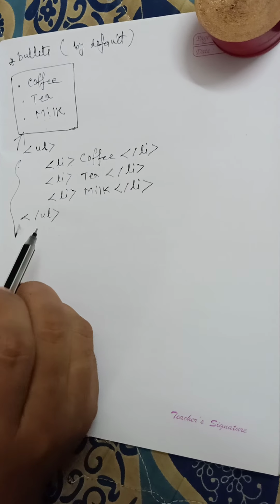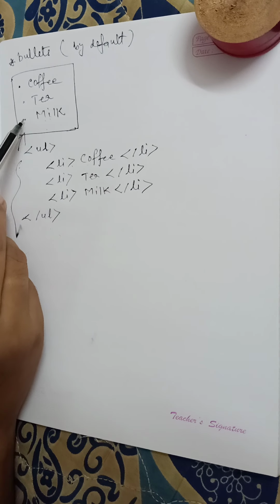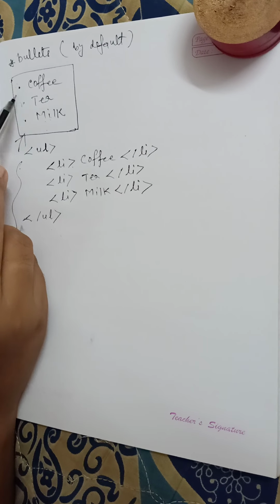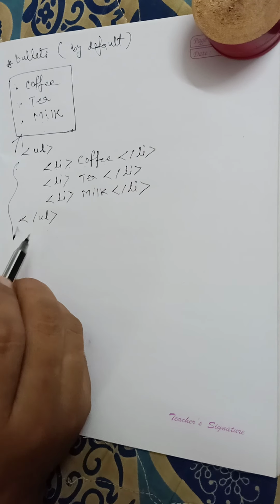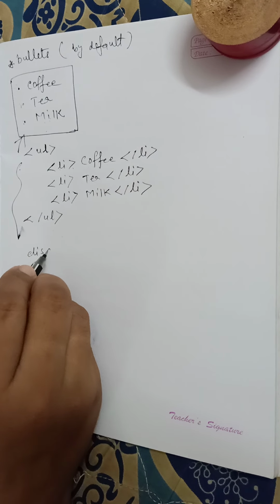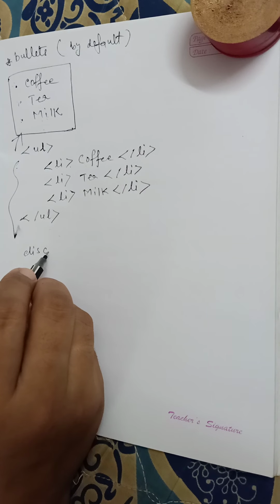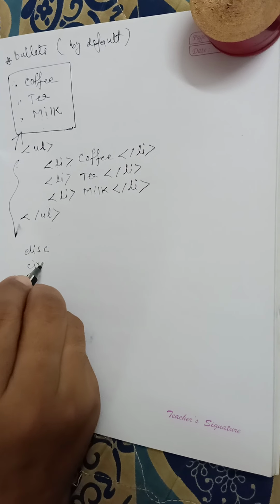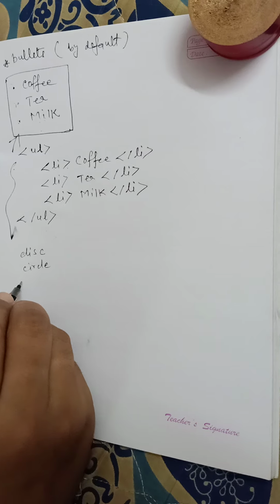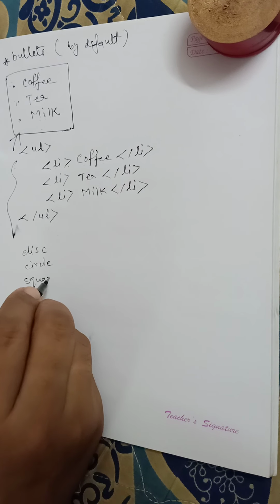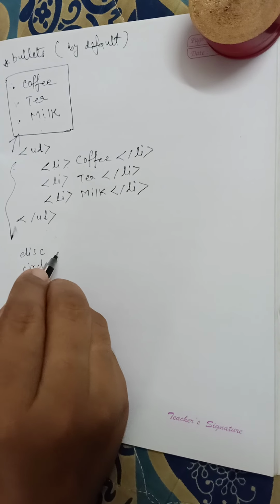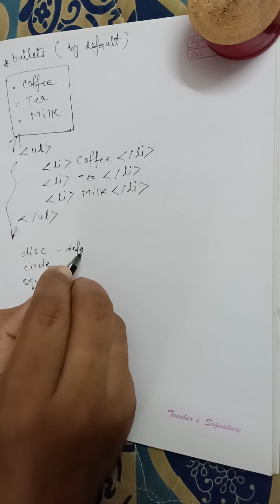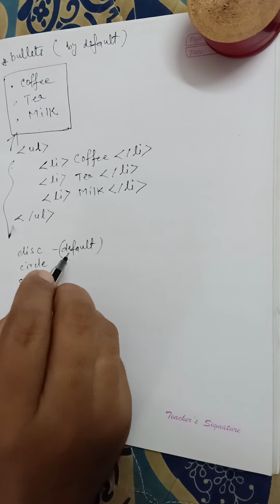So by default we get this bullet. Okay, but other types are, one is your disk, circle, square, and none. These are the 4 types which are available. So disk is my default one.